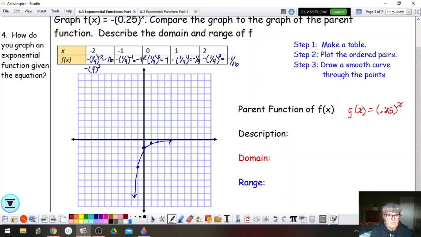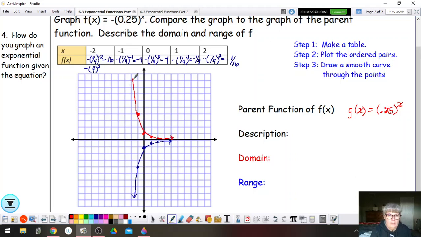Instead of a negative 4, it's a positive 4 at negative 1. At 0, it's a positive 1. At 1, it's a positive 1/4. At 2, it's a positive 1/16. So we have a curve like this.